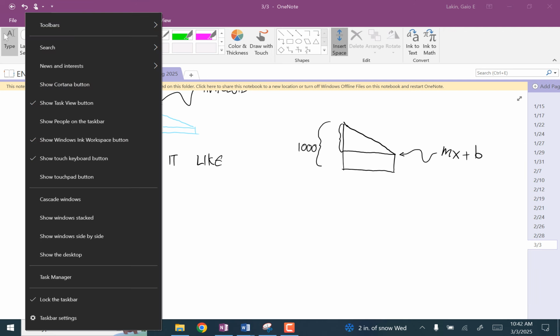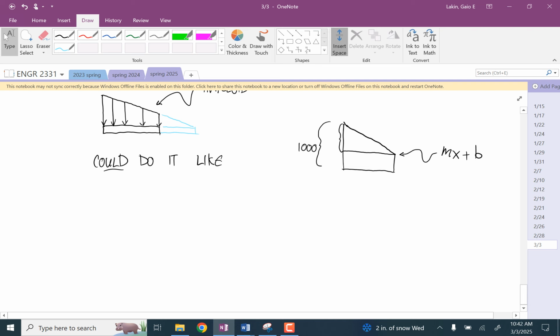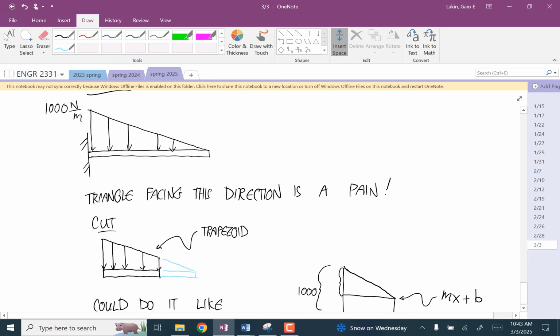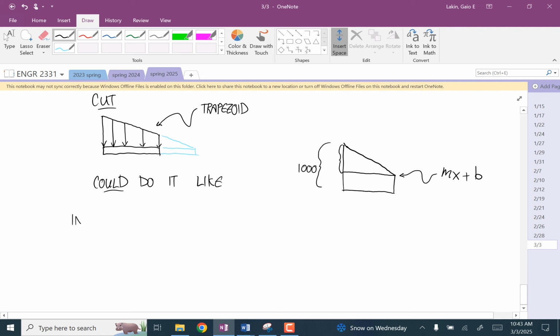Hold on a second. But it does take longer. A better way to approach this is just walk to the other side of the beam before you do this problem.